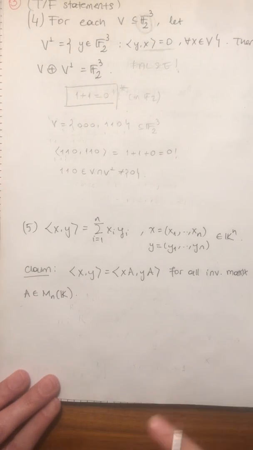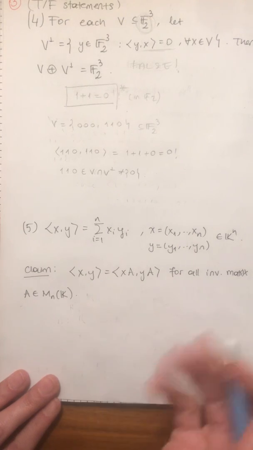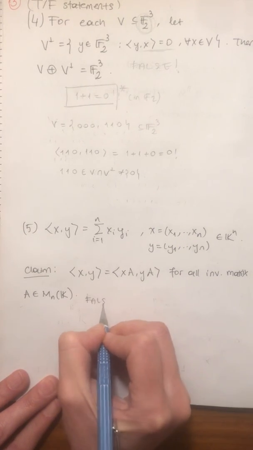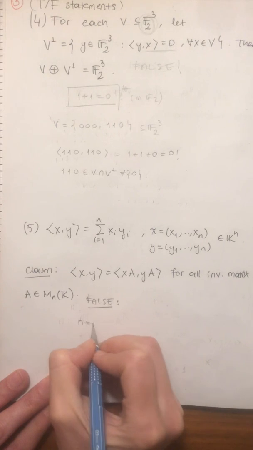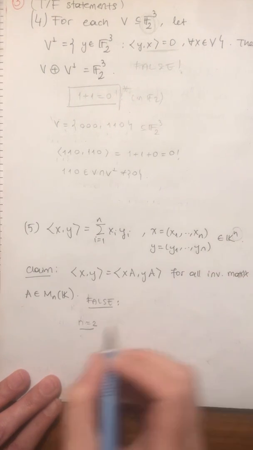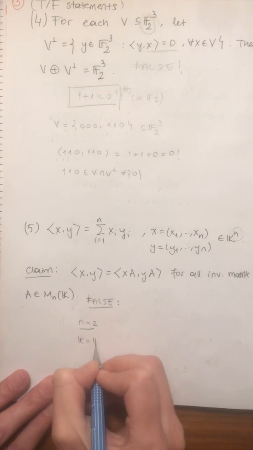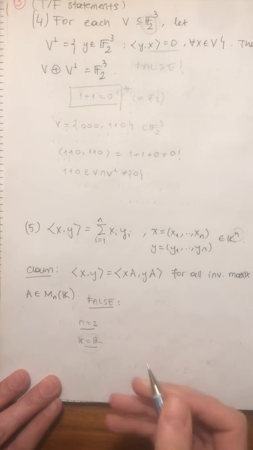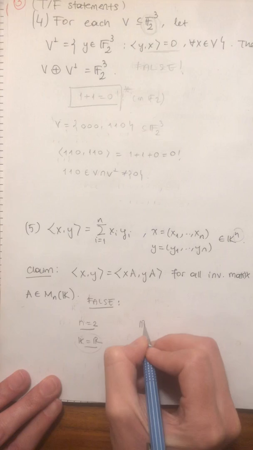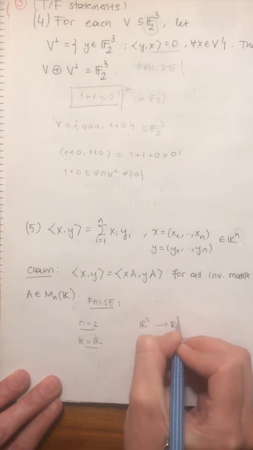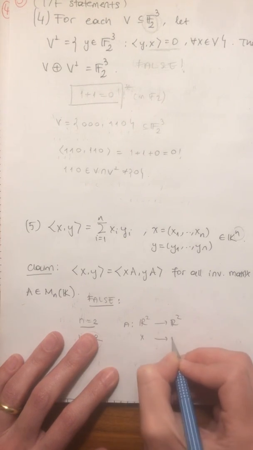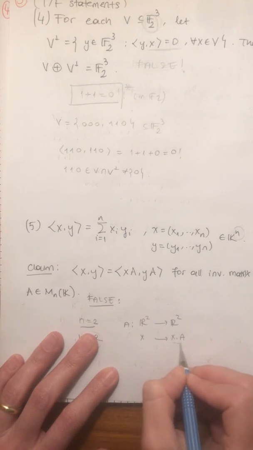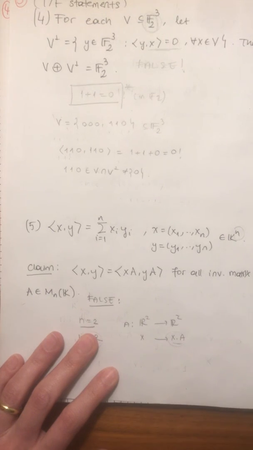For question 5, this statement is again false, but I want to give a counterexample on a specific case. I fix n as 2, I choose the base field as real numbers, and I consider a linear map, an endomorphism, which is defined with this matrix multiplication.